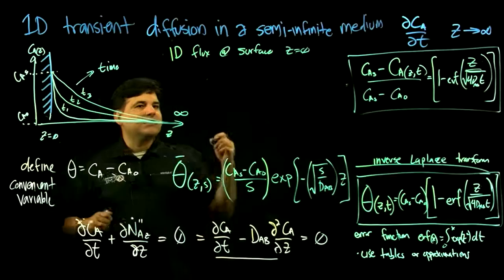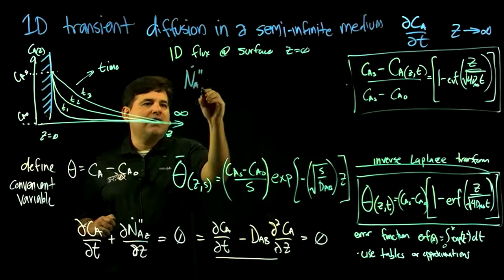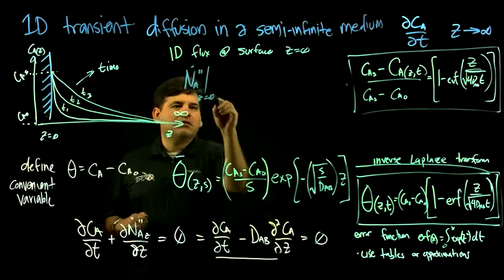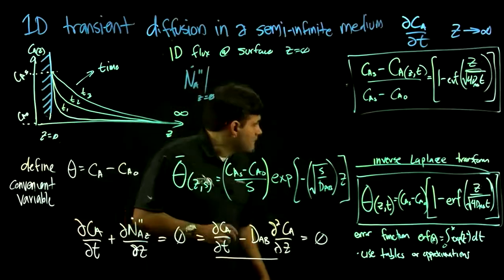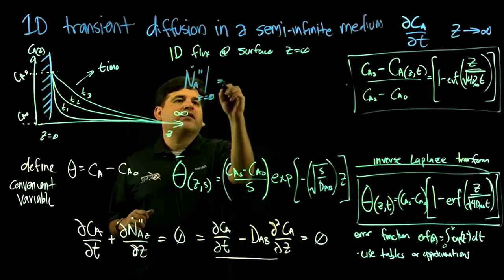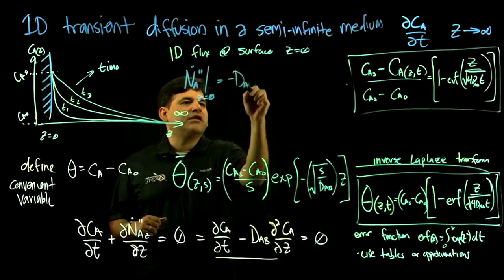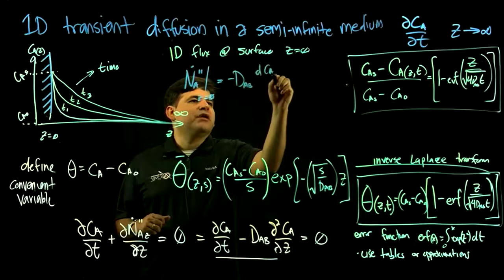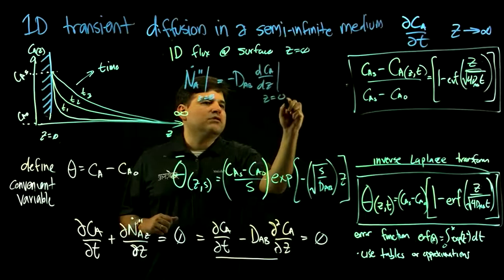So what we're asking is the flux of A at z equals 0. Well, the flux, only due to diffusion, no bulk motion, is the diffusivity times the concentration gradient at z equals 0.